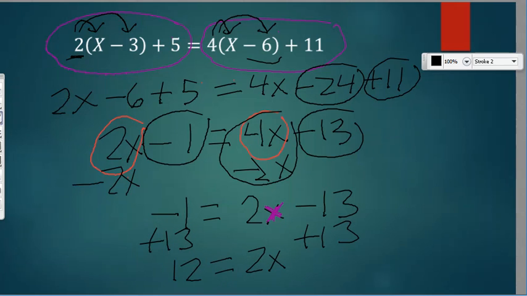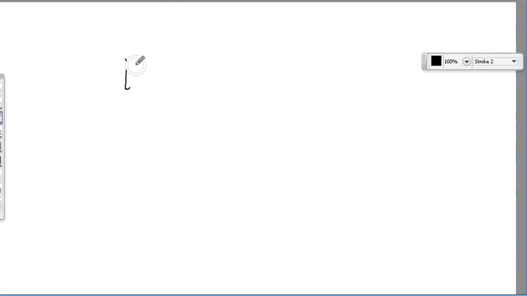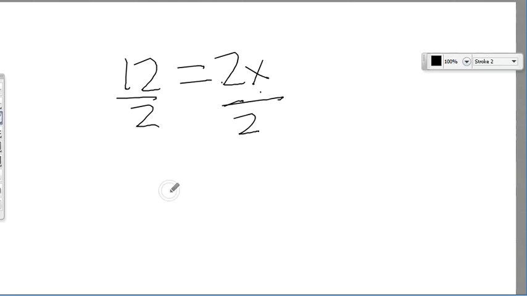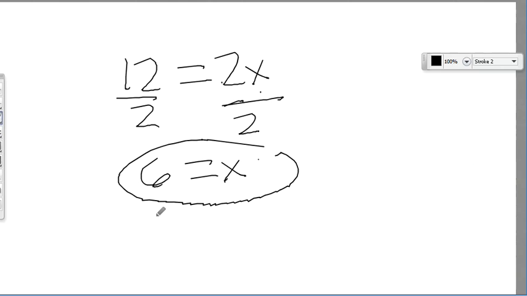I'm going to go ahead and write that where I have a little bit more space. 12 equals 2 times x. And then from there, we would divide by 2 on both sides. So x equals 6. So that's our solution.